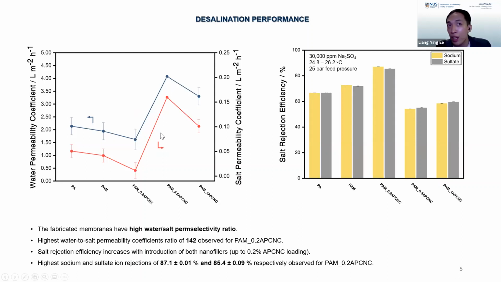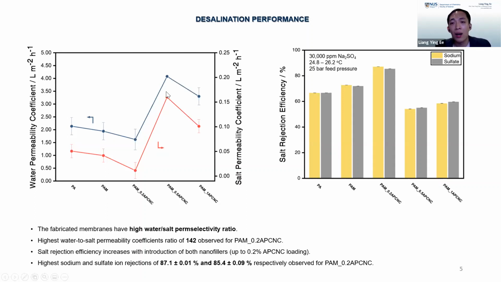Unfortunately, we can observe breakage of the mechanically weak polyamide thin film with higher APCNC loading at 0.5% and 1% loading. That results in poorer salt rejection efficiency and a lower water to salt permeability coefficient ratio.